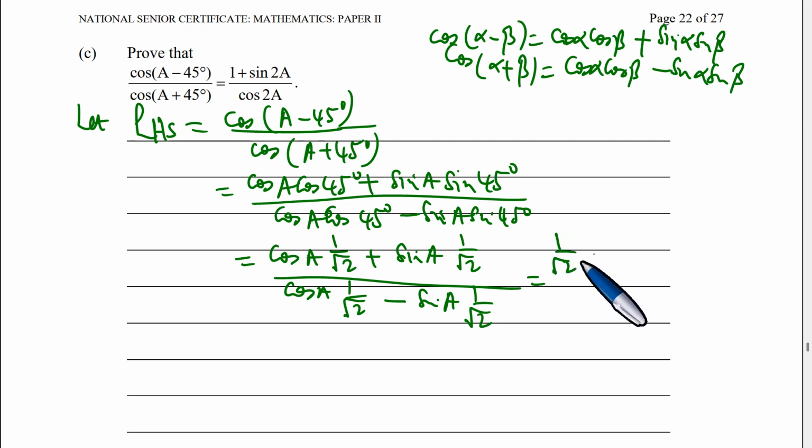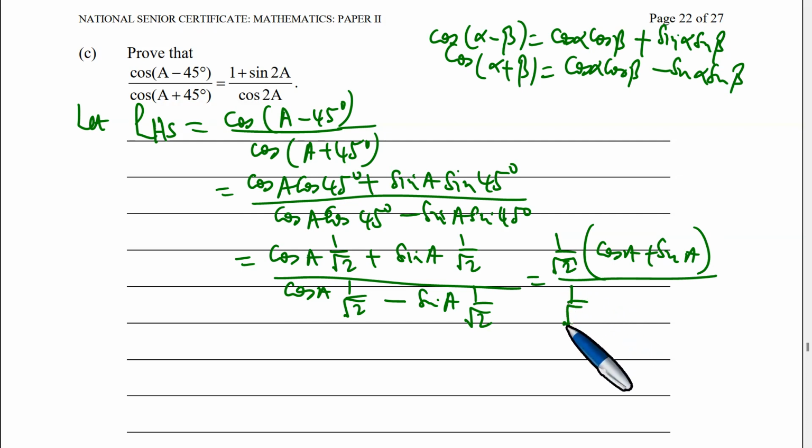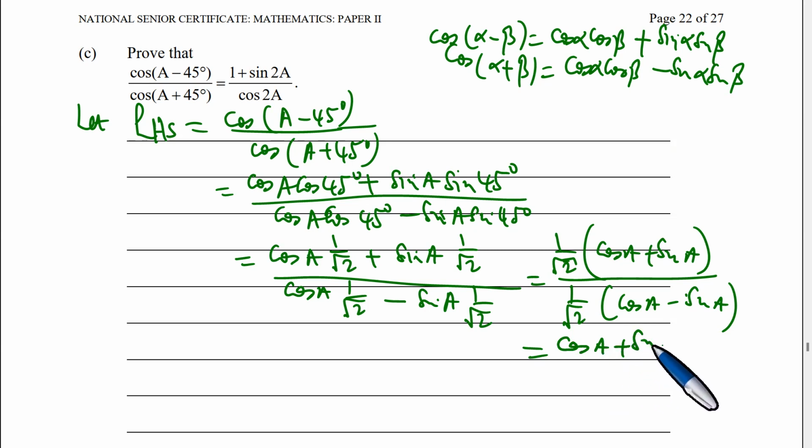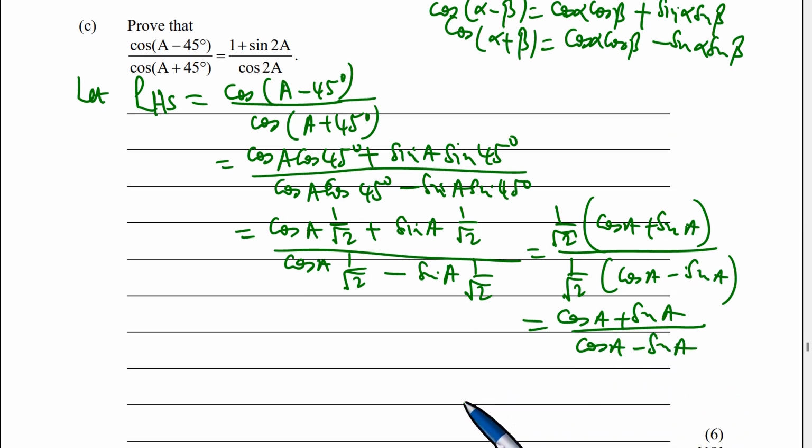So you have 1 over the square root of 2, which is cosine A plus sine A, divided by 1 over the square root of 2, which is cosine A minus sine A, cosine A plus sine A over cosine A minus sine A, like so.